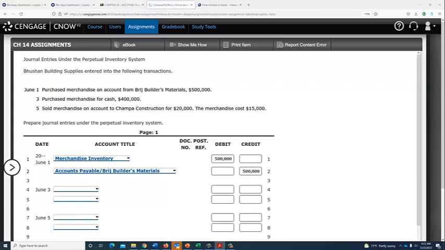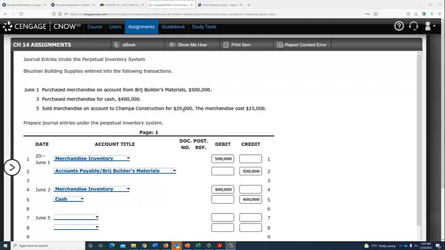On June 3rd, we purchased merchandise for cash. So pretty much the same entry. We're going to debit merchandise inventory and credit cash for $400,000. Then on June 5th, sold merchandise on account to Champa Construction.